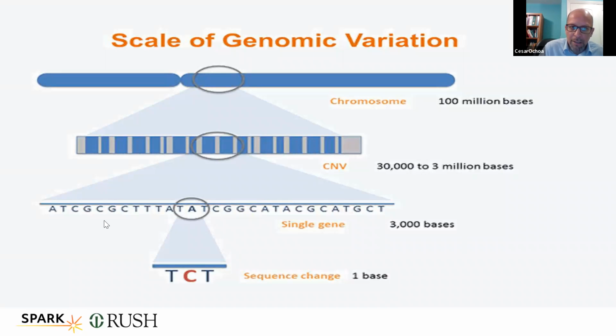The standard test to look for this is the microarray. But there are some conditions like Fragile X that is just one gene. It can be Fragile X, it can be Angelman syndrome. There is also tuberous sclerosis, and those conditions are just one gene. So the standard test, the microarray, won't be able to pick up such a small genetic variant.